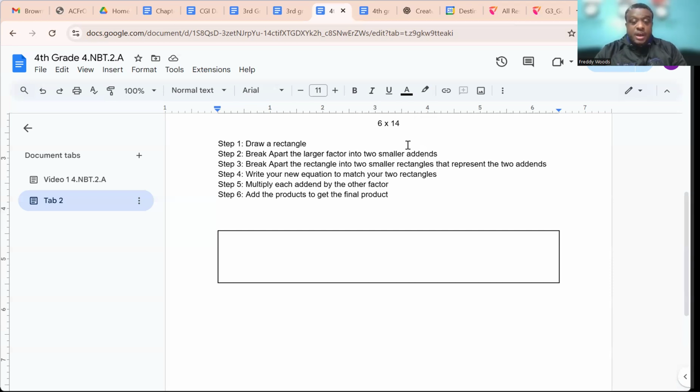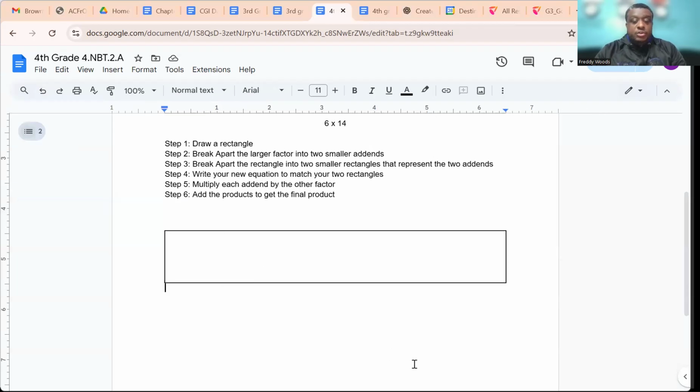For example, I'm going to break apart the 14. So I am going to draw a line right about here. Give me a small side and a big side. Now, over here, I'm writing the 6 because the number 6 is my factor that's staying the same.